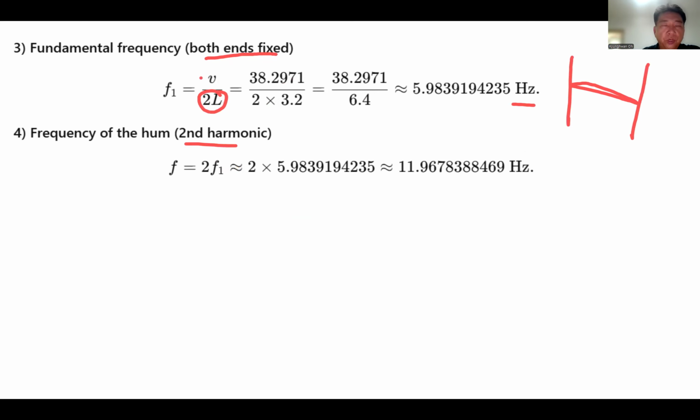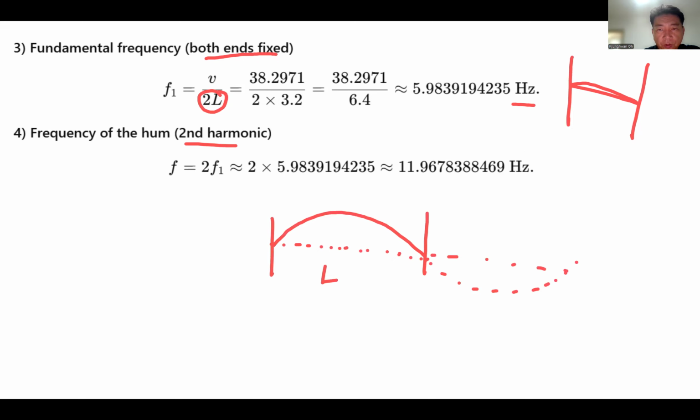So note why this is happening here. If both ends are fixed, that means, like this, if this is the L, then L becomes lambda over 2, right?